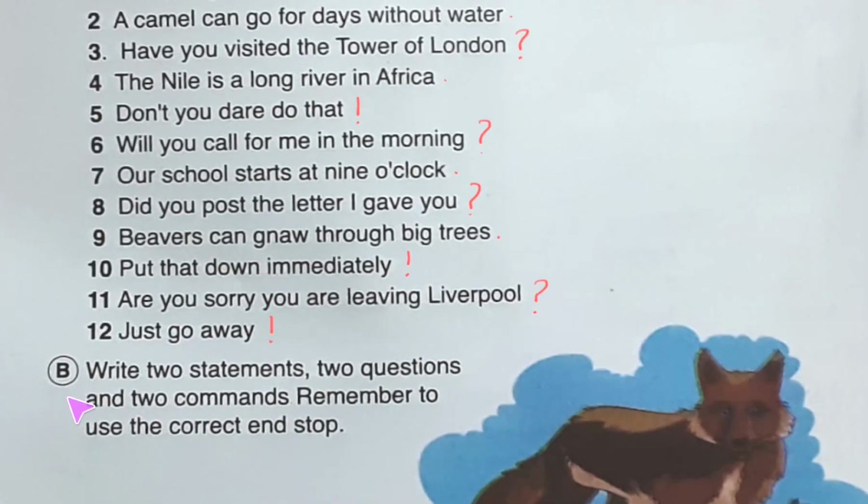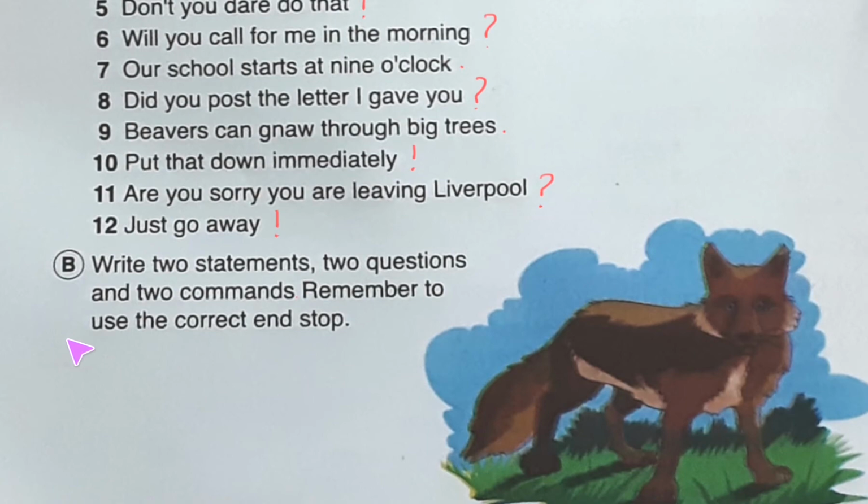B number exercise: write 2 statements, 2 questions and 2 commands. Remember to use the correct end stop. So let's start. First we can write 2 statements. You will try at your home by yourself. You just follow my one.